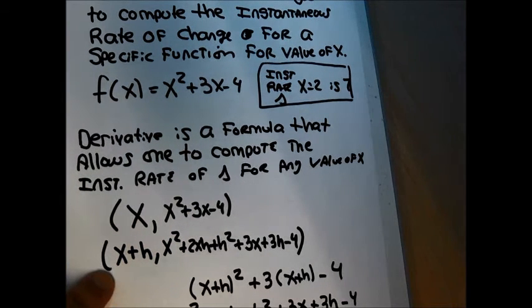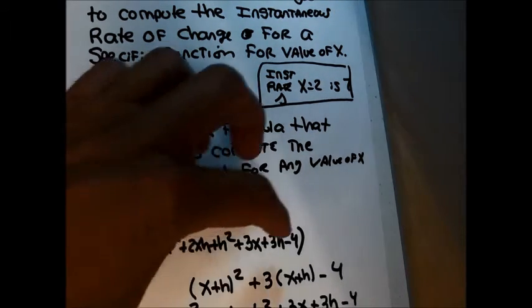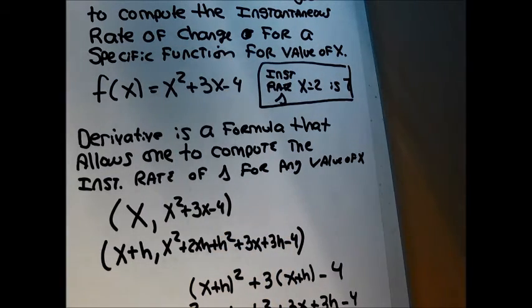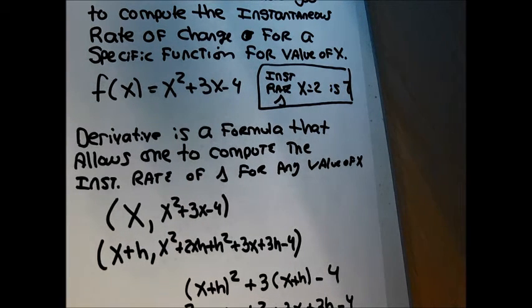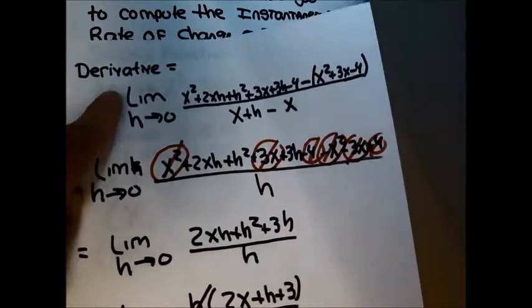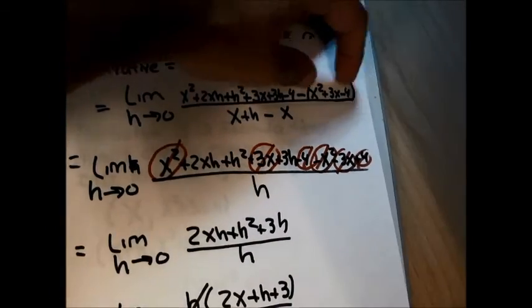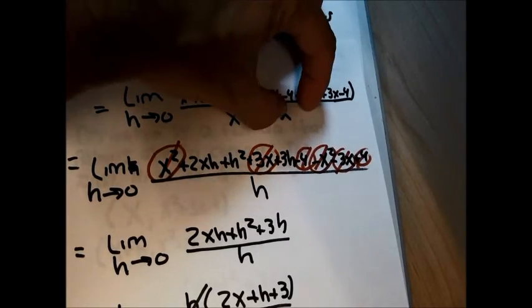The second point's x value is going to be x plus h, and its y value is going to be a mess. It's what I get out when I plug in x plus h for each of the x's in the original function. And then I do exactly the same thing. I find the limit as h goes to 0 of y2 minus y1 over x2 minus x1.